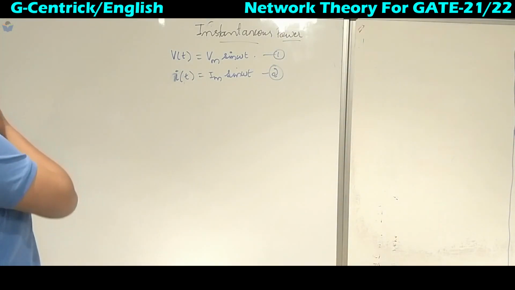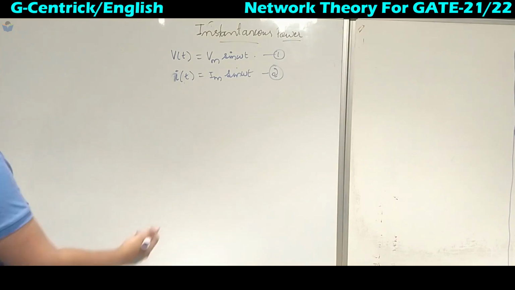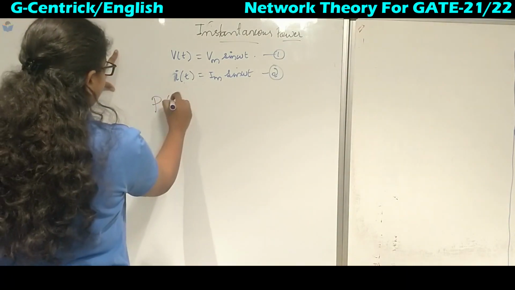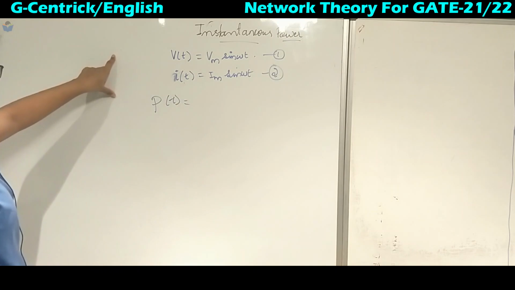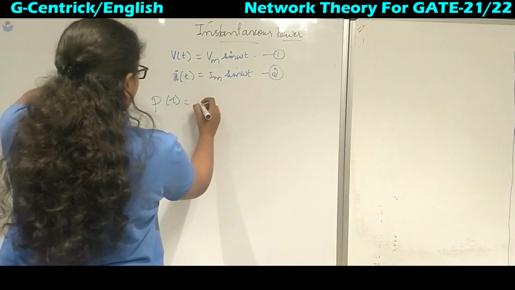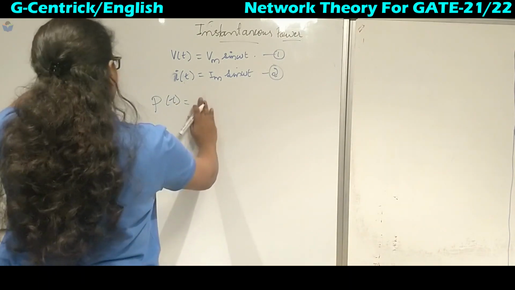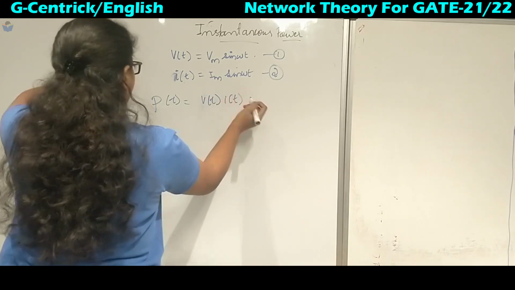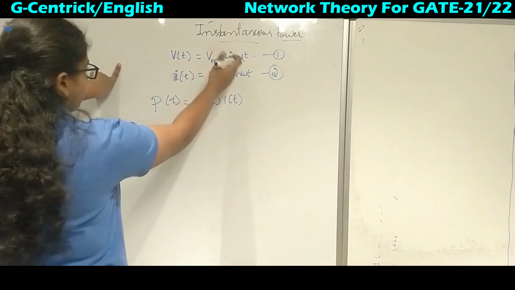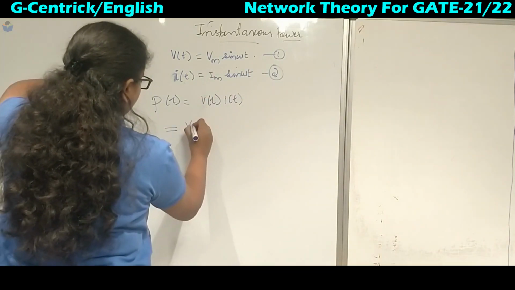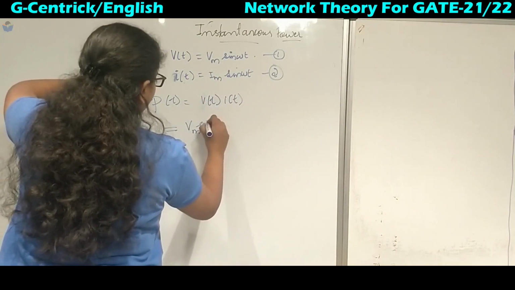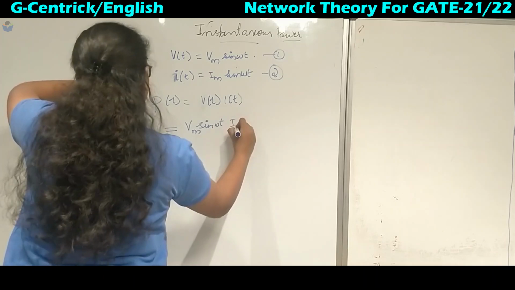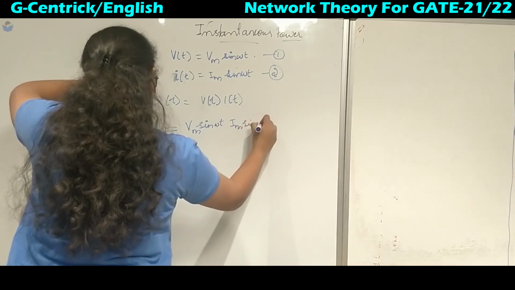Now we know the formula of power at time t, which is why we call it instantaneous power. It is nothing but V of t into I of t. I will substitute equation 1 and equation 2 in this power formula, that is Vm sin omega t into Im sin omega t.